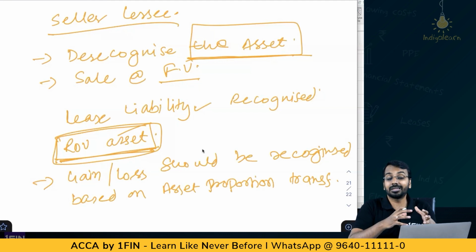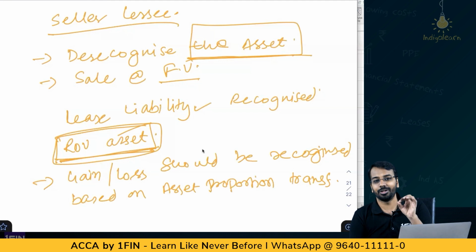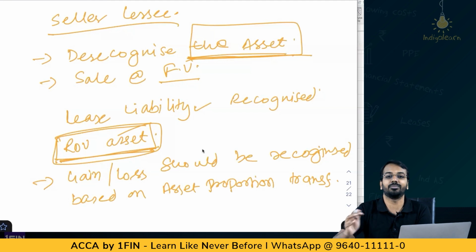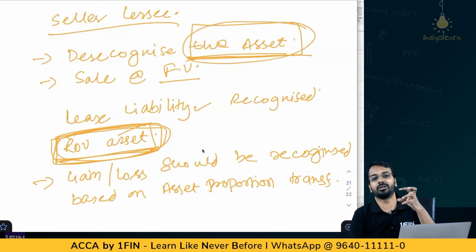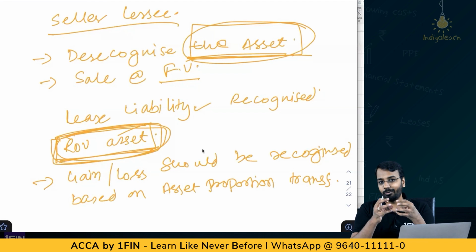So the gain on entire asset is not recognized. You will recognize the gain only to the extent of the proportion of the previous asset which is actually eventually being transferred. Because I am again recognizing a right of use asset afresh. What is the proportion of this right of use asset on the original carrying amount? Only to that extent I cannot recognize. Only for the balance portion I will recognize.